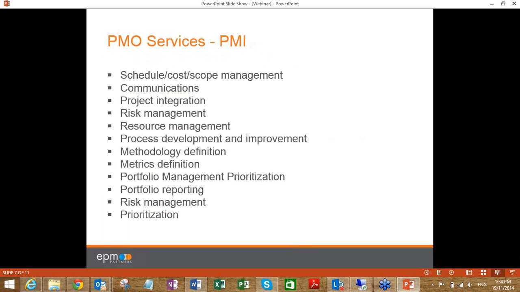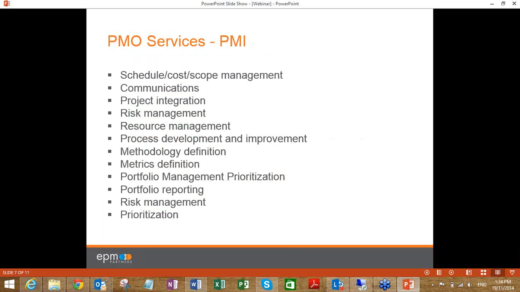The PMI is classified in a different way. My personal take on the PMI versus the P3O: P3O is more realistic in terms of the classification of the services, but a bit hard to really link to real-world scenarios.